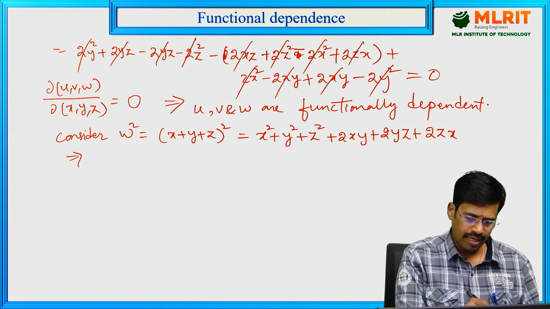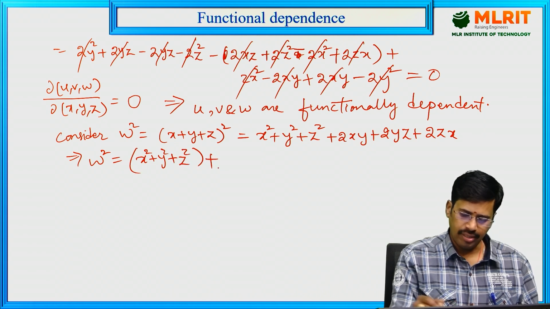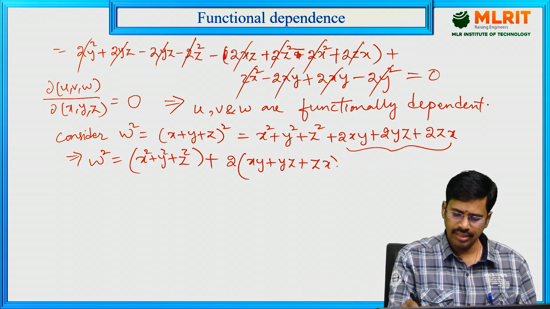So w square is equal to x square plus y square plus z square plus 2 times, taking common, xy plus yz plus zx.